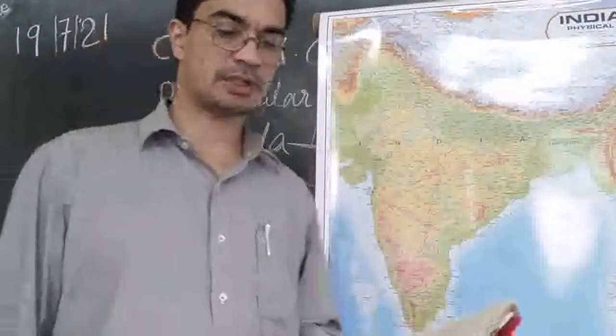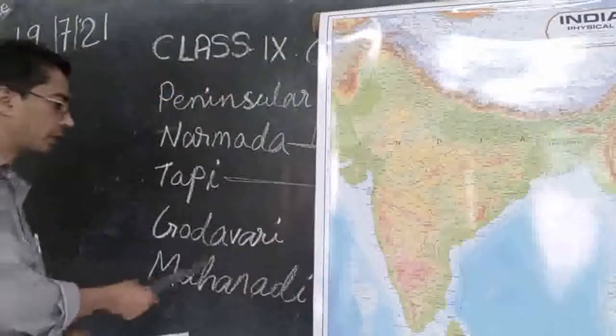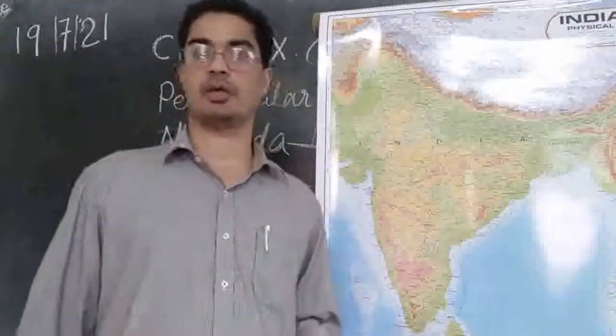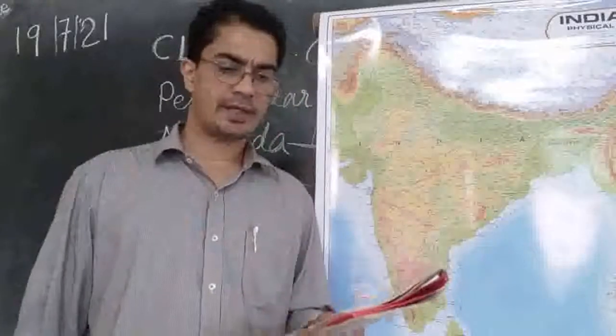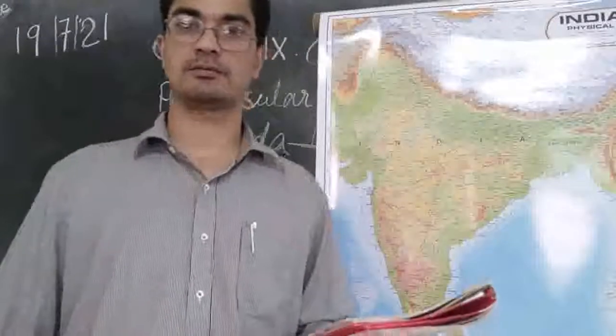Then another river is Godavari. Let us see about Godavari, where it is flowing, how long it is, and so on. The Godavari is the largest peninsular river. You can underline that.